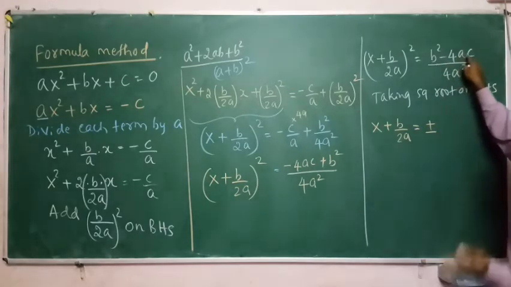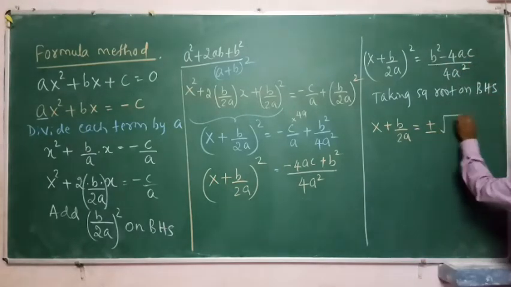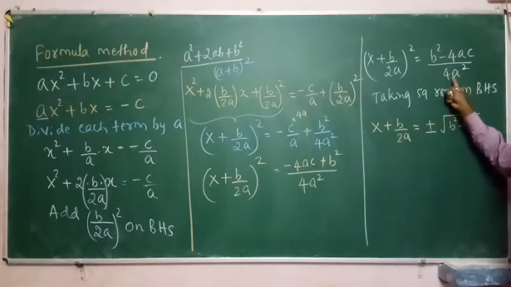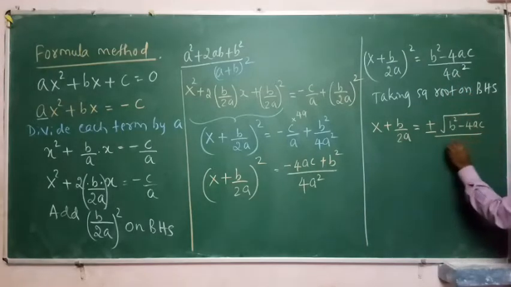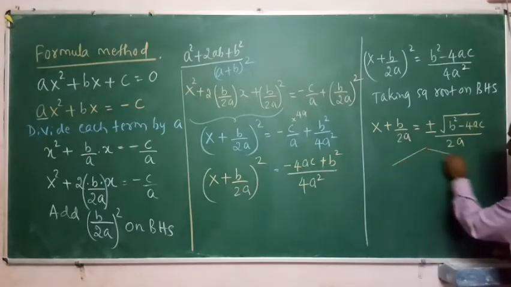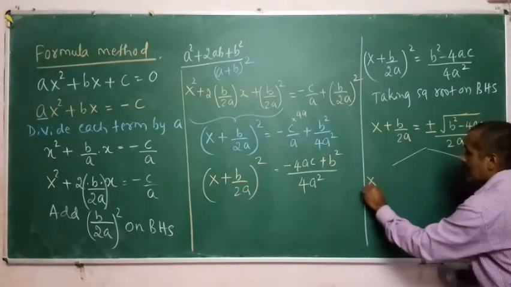The square root of this, I don't know, so I will write under root b square minus 4ac. I don't know the square root of this, but I know the square root of this. This is 2a.